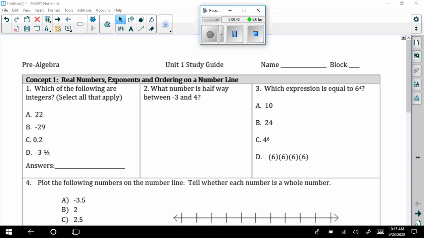So number one, concept one, this is real numbers, exponents, ordering on the number line. Which of the following are integers?